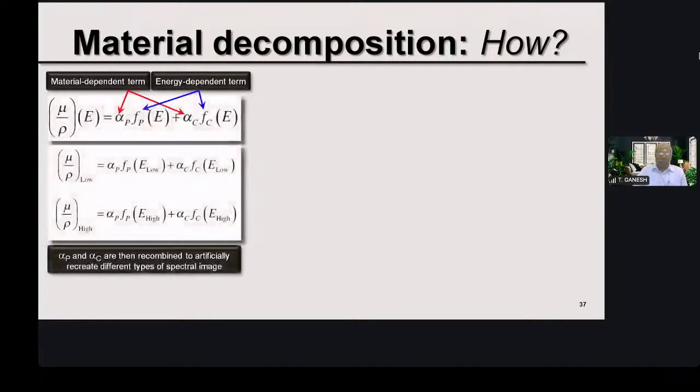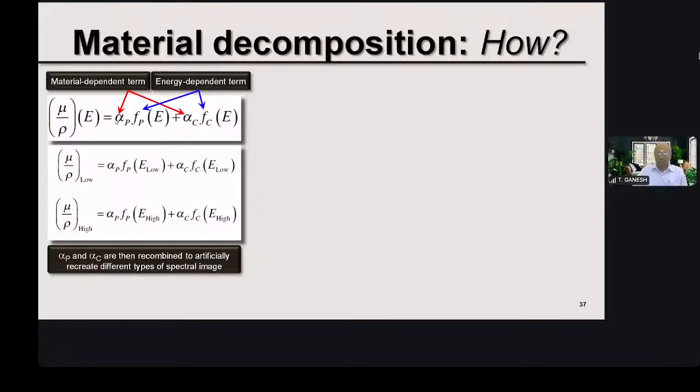So you can see here, this is what happens. Mu or mu by rho, whatever it is, linear attenuation coefficient or the mass attenuation coefficient, can be divided into this. So this mu or mu by rho is dependent on two factors. One is material dependent and another is energy dependent.